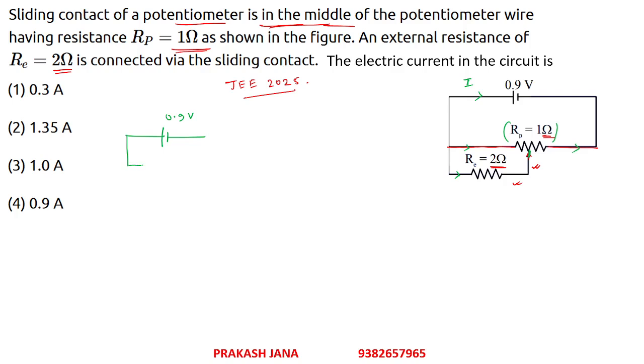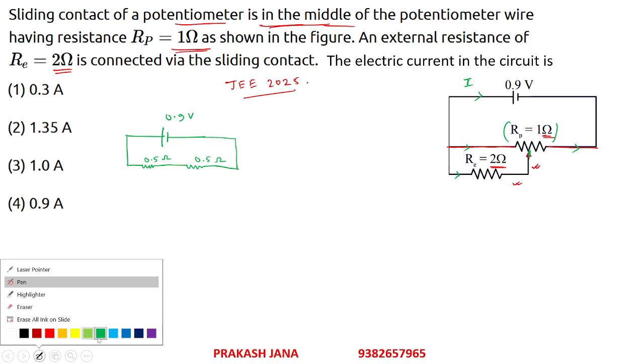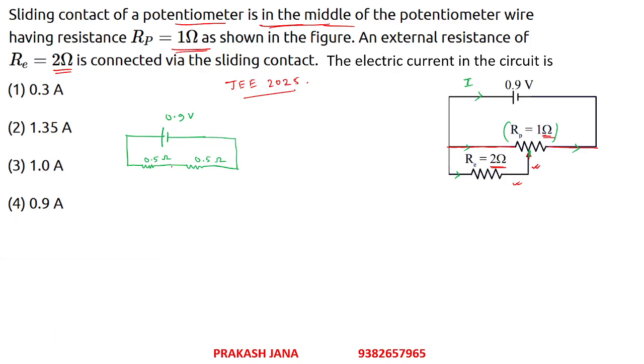So the resistances will be 0.5 ohm and 0.5 ohm, correct? And the sliding contact is at the middle, and an external resistance of 2 ohm is connected, and this is the circuit. We have to find out the current through the battery, correct?